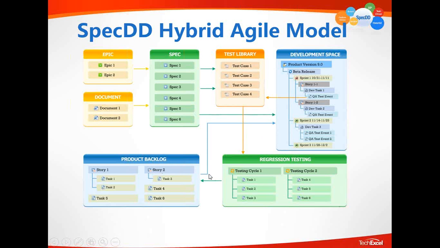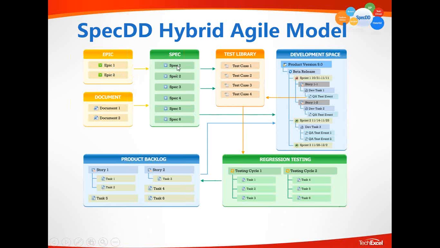As we continue the training on quality management later on, we will use the same example for you to add more PowerPoint slides to add the quality piece of it. So for now, I'd like to emphasize that in the SpecDD, an epic represents a big idea.